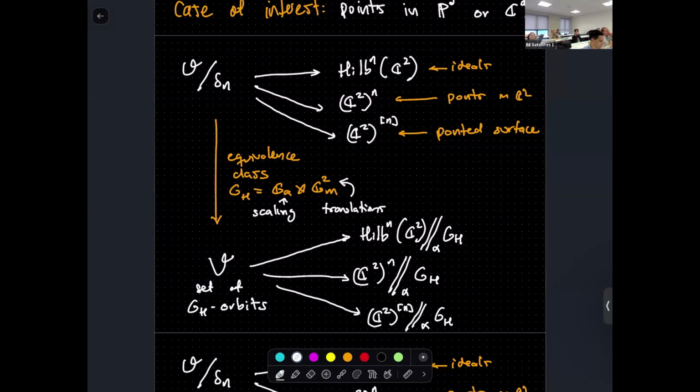For each of them, you ask, what does it mean for points in C2 to be isomorphic to other points? You have to make that choice. You say they're isomorphic if I can get there by scaling and translation, which is kind of this group. So this configuration is equivalent to this other one if I can get there by scaling and translating.